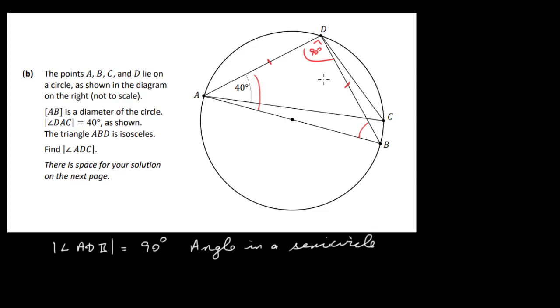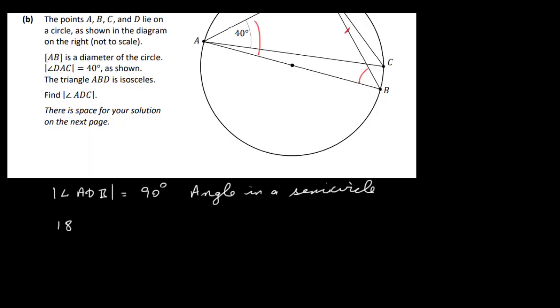Now, if that's 90 degrees and this here is an isosceles triangle, that means all we've got to do is take 180, subtract 90 and divide by 2. That'll give us this angle here and this angle here. So let's do that. So I'm going to say 180 degrees minus 90 degrees divided by 2.